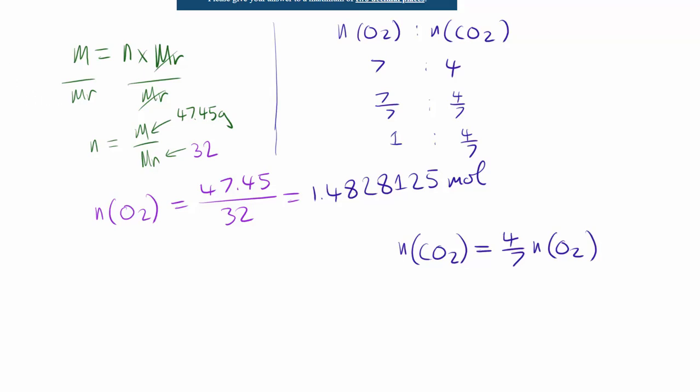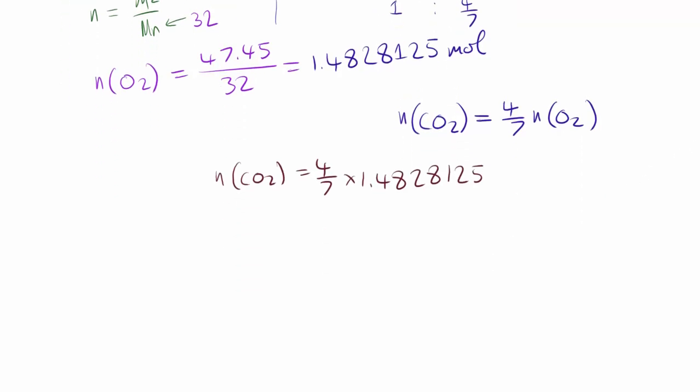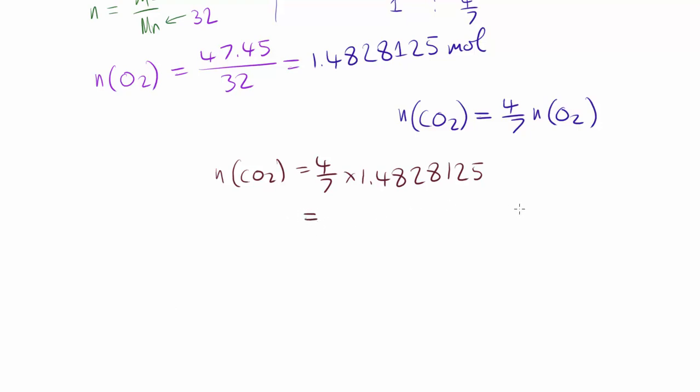So the number of moles of CO₂ is equal to 4/7 multiplied by this value that we have here, which is 1.4828125. If you have a go at working that out, you should find you get 0.8473214, and that's in moles.